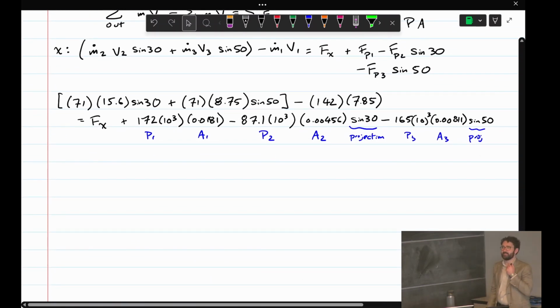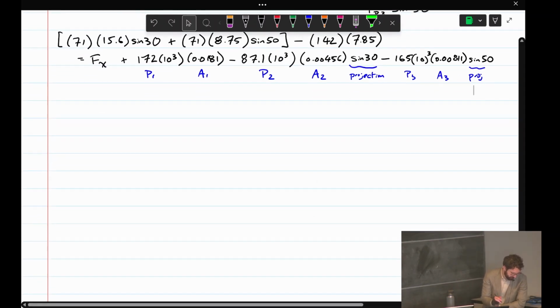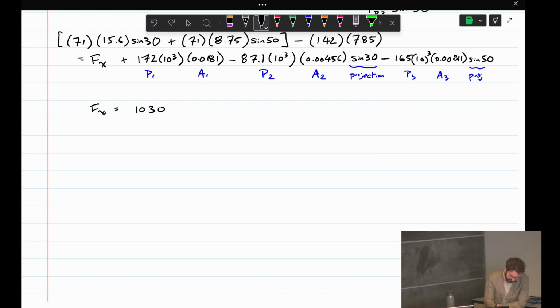So you can see this is starting to look like basically a long answer problem on an exam, and it will look something like this. There's just a ton of numbers and things to keep track of. So this is what it looks like. So Fx is equal to, I'm going to group some of these numbers just for our understanding.